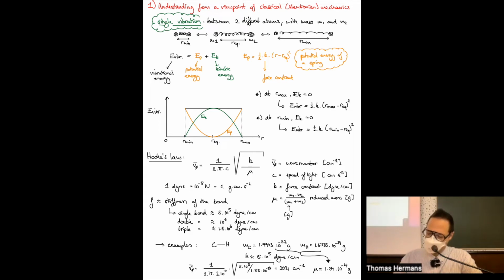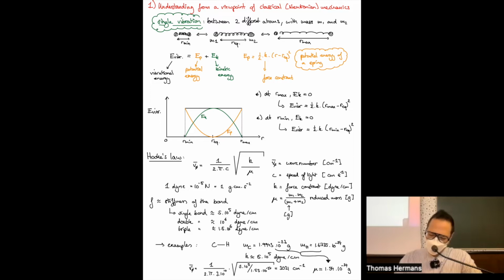And this says the actual position of R as compared to the equilibrium distance. So if you look at this equation, if the position of the two weights is equal to the equilibrium distance, then this term is 0, and then potential energy is 0.